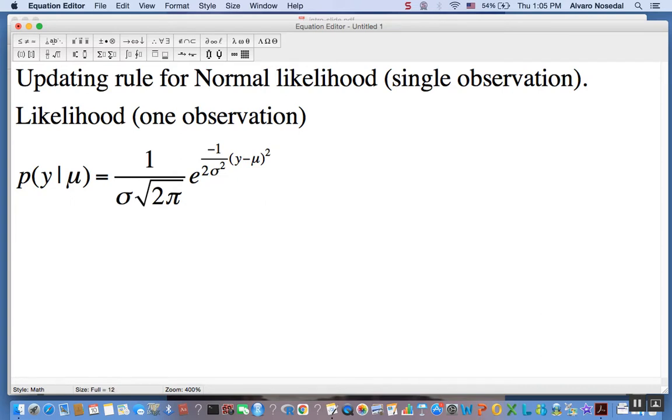We know that mu could be any real number. We know that y could be any real number. And sigma squared must be positive.